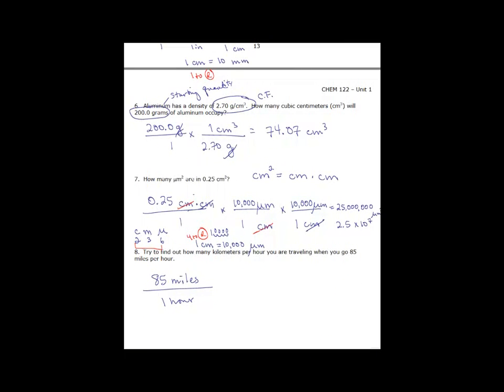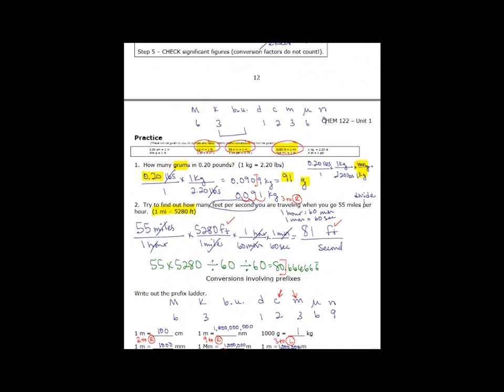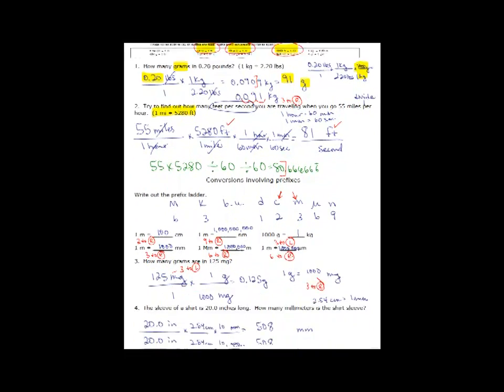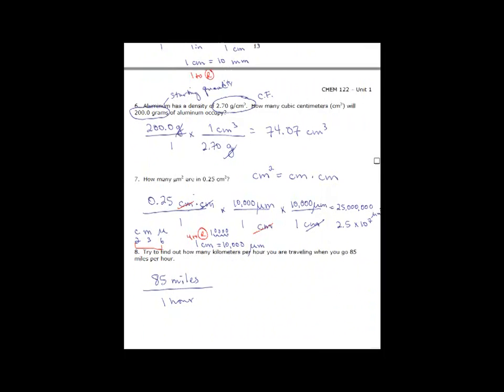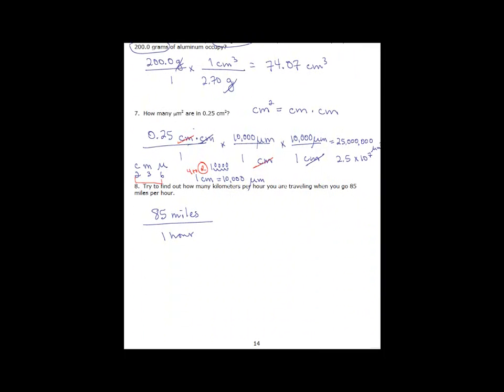Okay, so we have in 1 mile, let's go back up. 1 mile is 5,280 feet. So I can use that one. I'll use it this way, 1 mile, 5,280 feet.